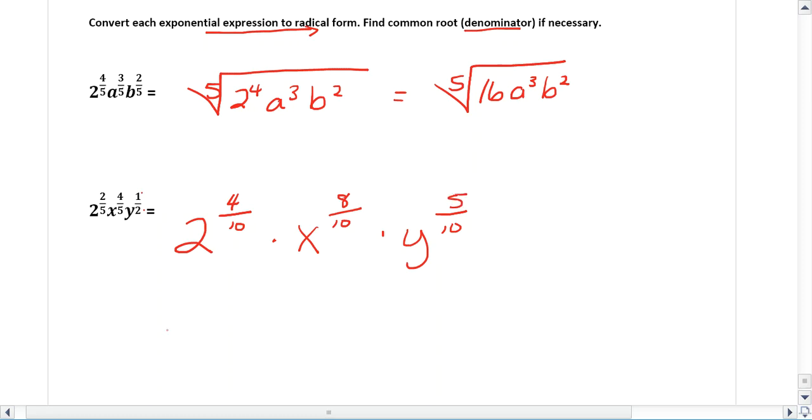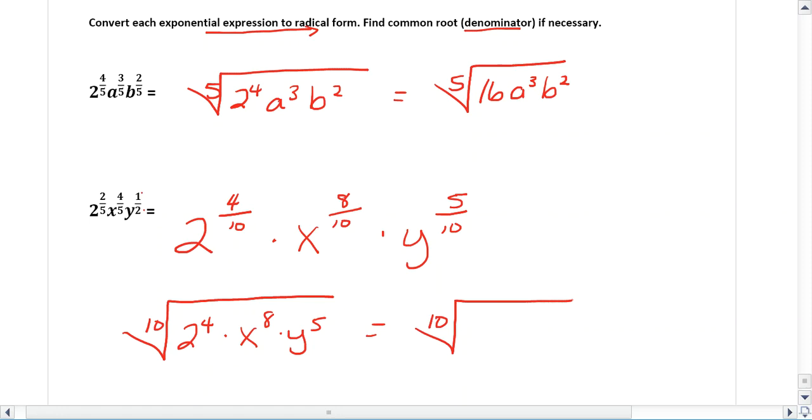So now that I have common denominators, we know the root is going to be the 10th root of 2 to the 4th times x to the 8th times y to the 5th. And so now we just need to do this 2 to the 4th, which is 16. So for the final answer, we write this as 16 x to the 8th, y to the 5th. What fun is this?